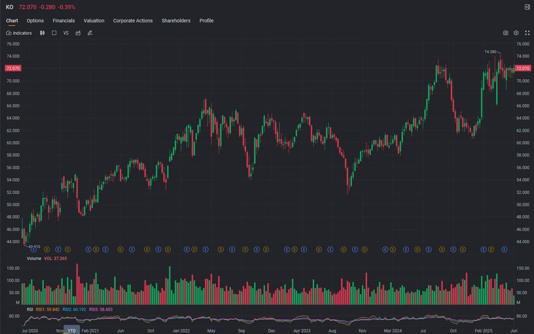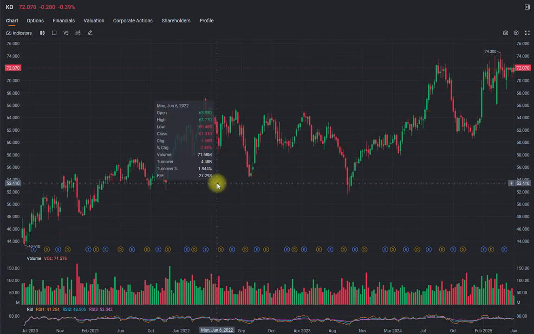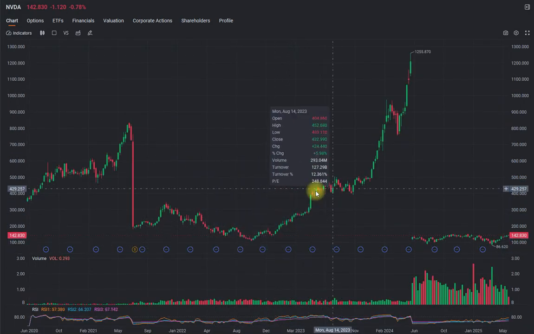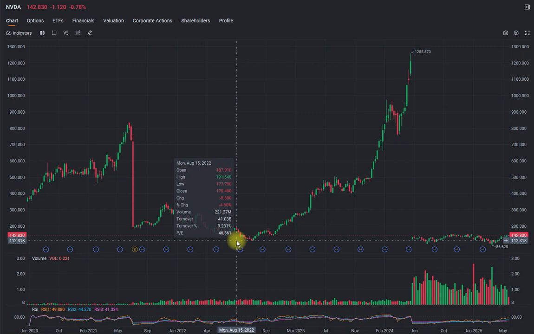And now you can see on this chart how the chart of Coca-Cola looks over the last 5 years. It could have been different, of course, and we can look at the chart of Nvidia over the last 5 years. What's there to say?